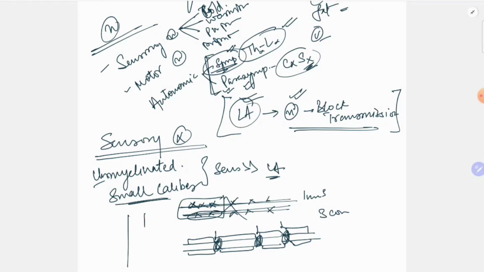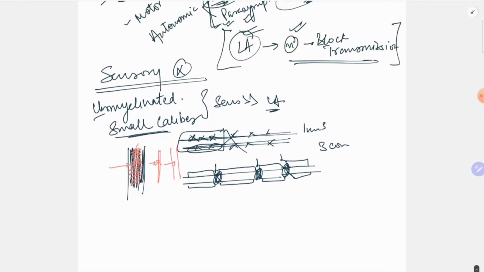Because any nerve is made of a bunch of nerve fibers, so a local anesthetic will have to penetrate inside to anesthetize the whole nerve. And unless all the fibers are blocked, the nerve conduction keeps happening. So any nerve which is smaller in caliber will be blocked faster than any nerve which is larger in caliber. Based on these two basics, different modalities get blocked differently, because their nerve fibers are different.